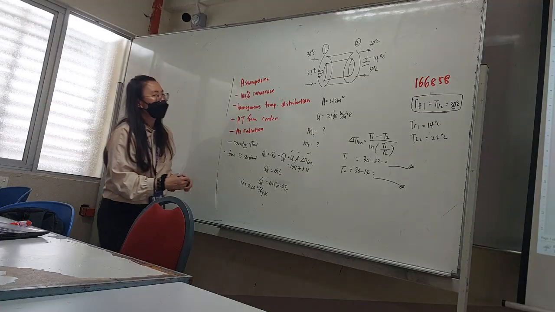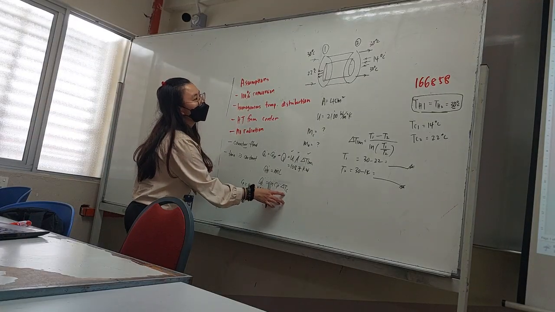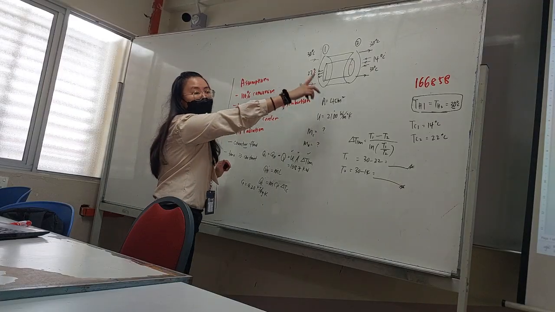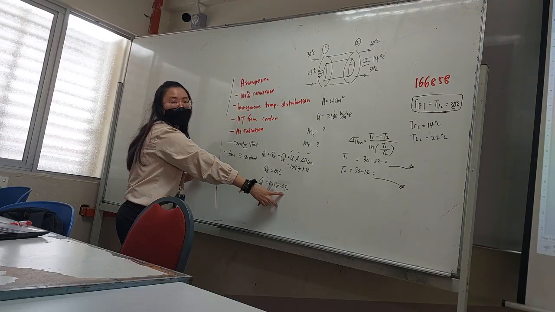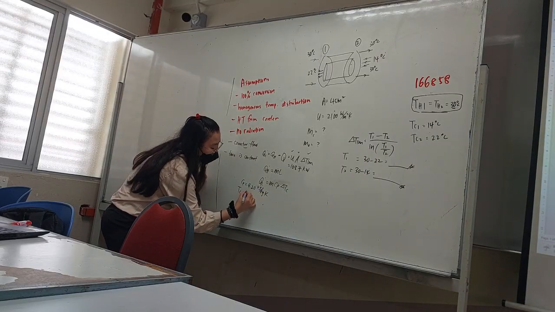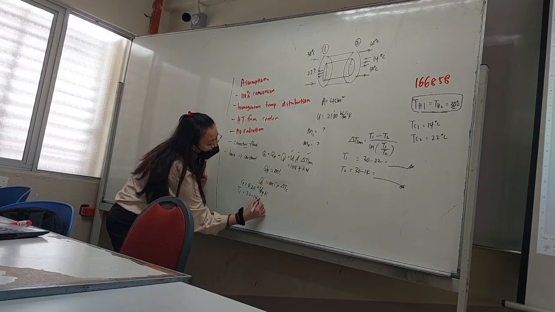So delta TC, you know the direction, so delta TC you use 22 minus 14, because it's a positive answer.